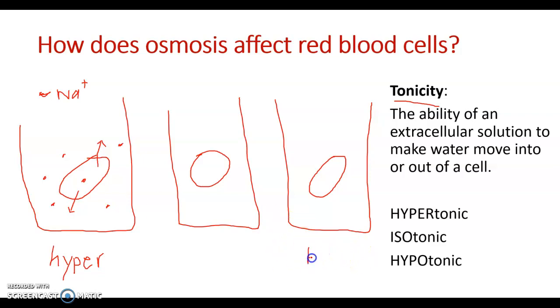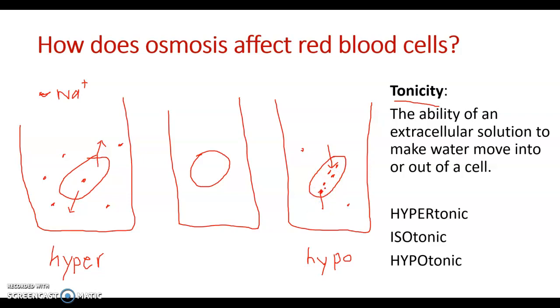Our other example over here, we could have a hypotonic solution. Remember, all of these tonicities are referring to the solution on the outside. So if we have hypotonic, that means our concentration is higher on the inside of the cell than on the outside. And that's going to cause water to naturally flow again along the concentration gradient into our cell.